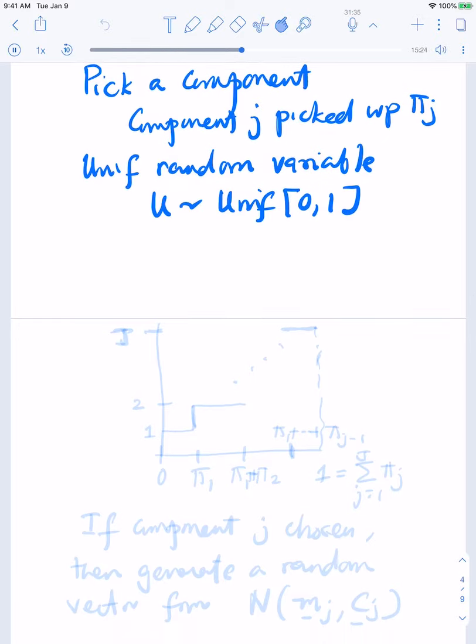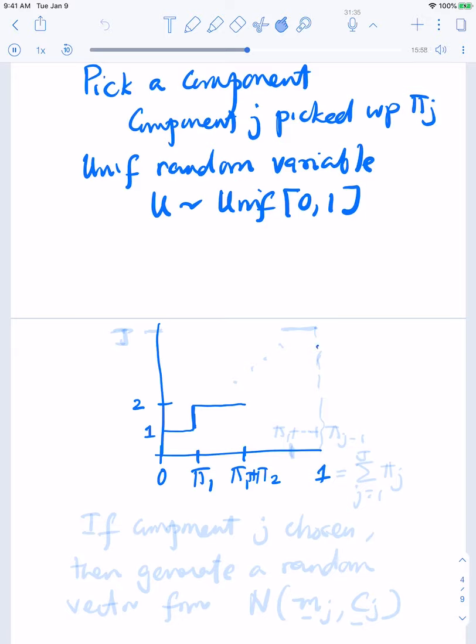So basically, there's a random number you have generated between 0 and 1, and if the number is between 0 and pi 1, then you would choose component 1. If the number is between pi 1 and pi 1 plus pi 2, you would choose component 2, and so on.